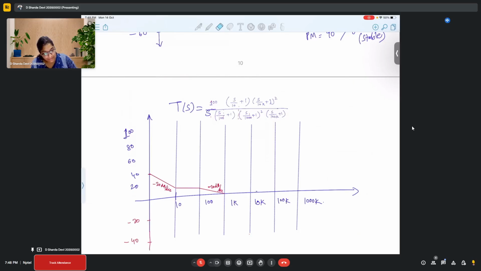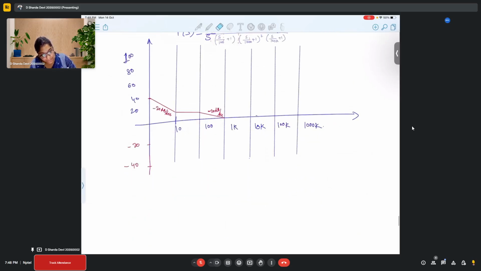Because at 100 you already had one pole. So this will be coming down to here, because minus 40 plus minus 20, so it's minus 60.